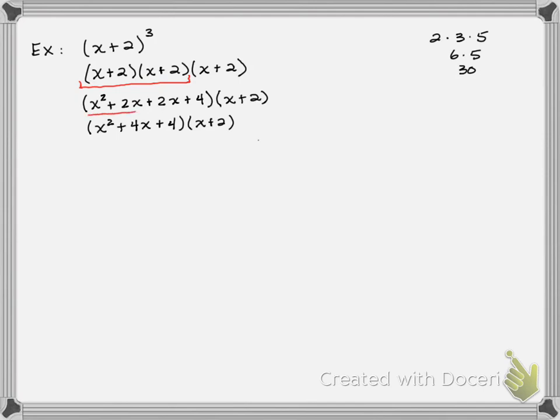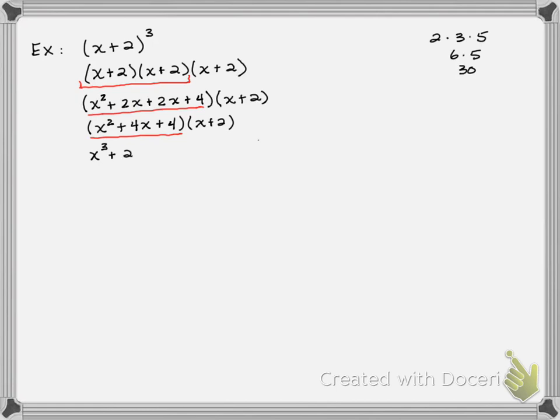So this whole thing is those first 2 factors. And now we're going to multiply that by the third factor. So we're going to distribute x squared to both terms, 4x to both terms, and then 4 to both terms. So we have x squared times x is x to the third.